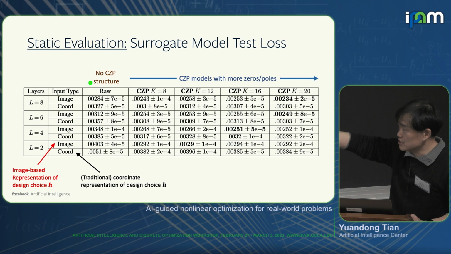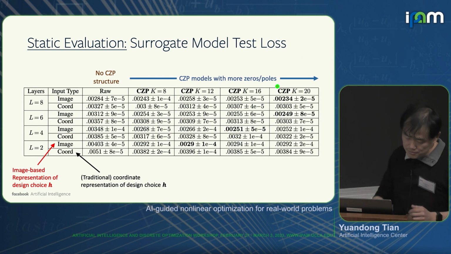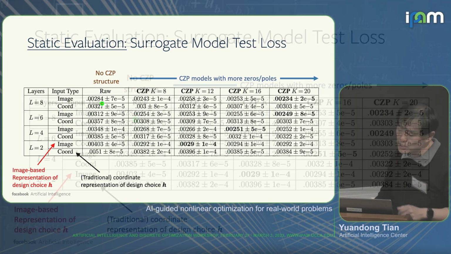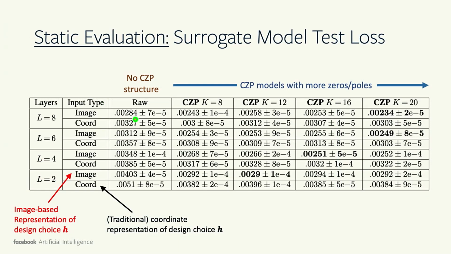We also test this CDP framework. Here is the CDP structure. If you have a CDP model, which we propose with theoretical guarantees, we see that the error is lower than the corresponding raw models that do not use our CDP formulation. The raw model directly predicts the frequency response rather than using the zeros and poles as the parameterization.